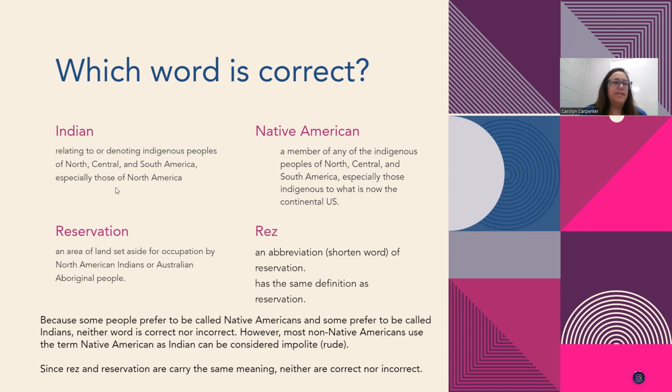Indian is relating to or denoting indigenous peoples. Indigenous means the first people that lived somewhere. Indigenous peoples of North, Central, and South America, especially those of North America. And then Native American is a member of the indigenous peoples of North, Central, and South America, especially those indigenous to what is now the continental United States or North America.